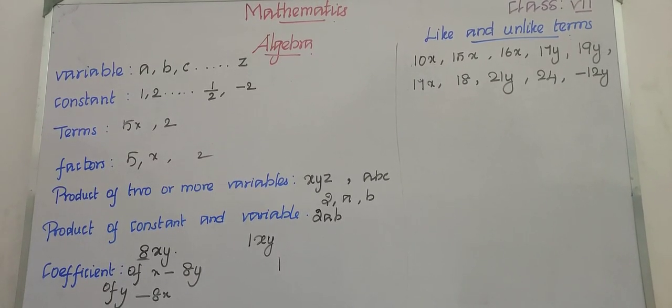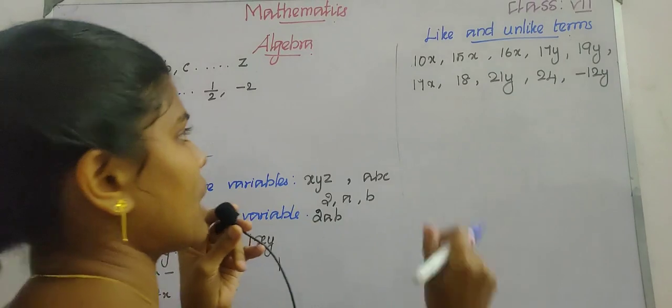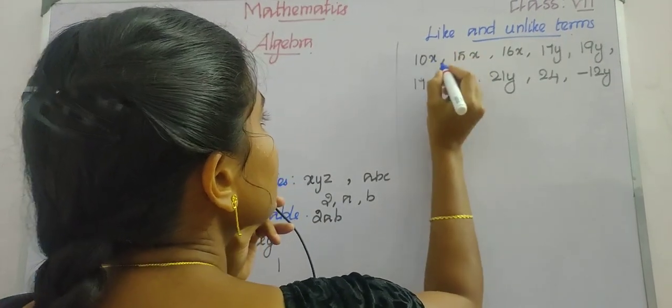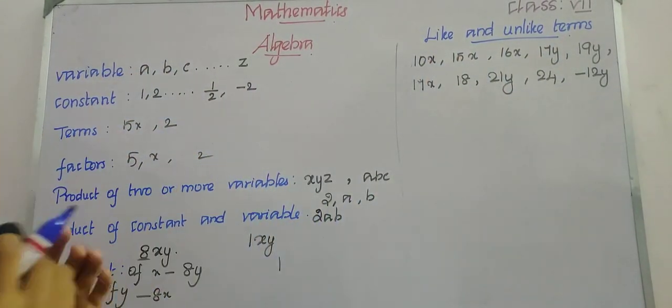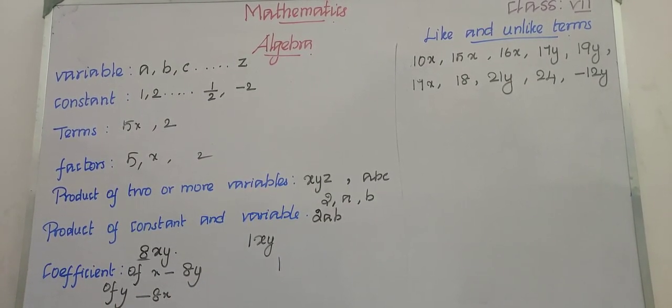Unlike fractions means the denominator will be different, right? Like the same, in algebra also we have like and unlike terms. So we can say, if the variables are the same, it is a like term. If the variables are different, it is unlike terms.